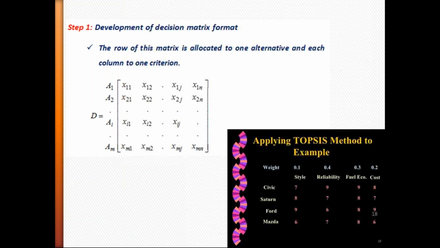For a particular row, we have different criteria values for a particular alternative, and a column means for a particular criteria, different alternative values. Understand?